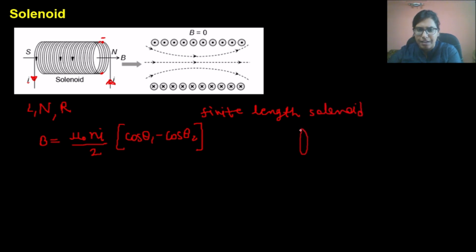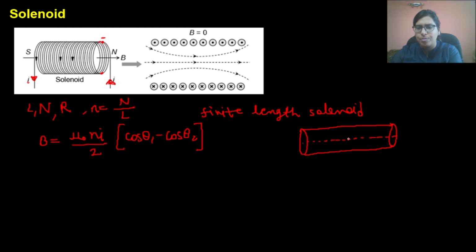Here, first of all, n is the number of turns per unit length, so this will be capital N by the length of the solenoid. Suppose this is the solenoid and we are calculating the magnetic field on the axis of this solenoid.